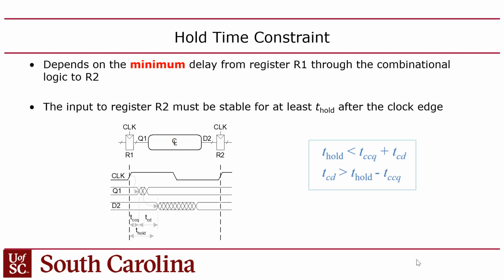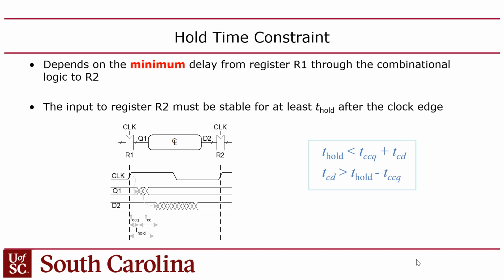It's called TCCQ, and there's a contamination delay associated with the logic, that's TCD, that has to be greater than the hold time. In other words, there has to be enough delay between the logic contamination delay and the flip-flop contamination delay not to violate the hold time of this R2. You don't want this input to change too fast, right?